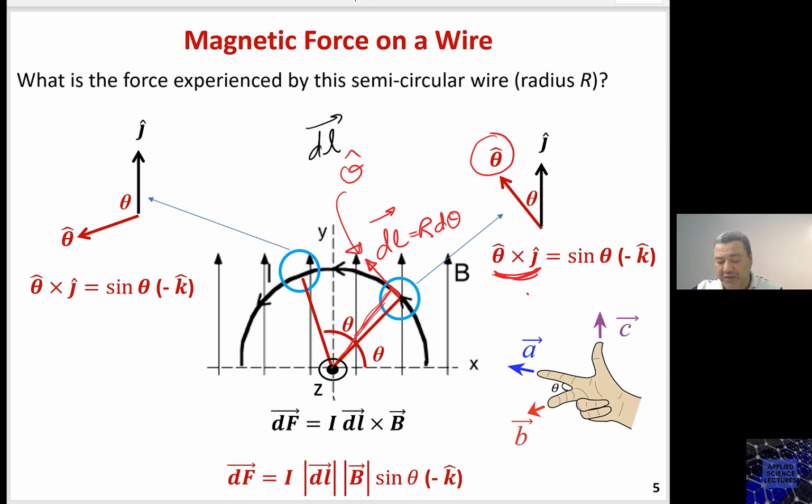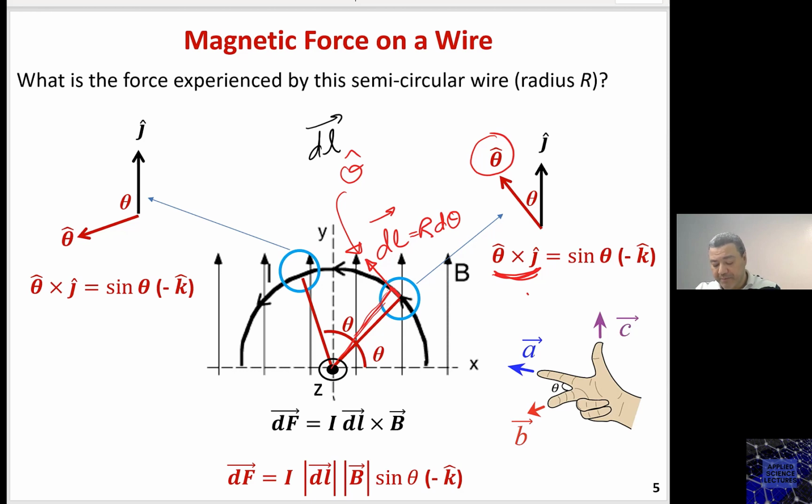So both theta hat and j hat are in the xy plane, so the direction would be either positive z or negative z. Let's look at the right hand rule to know the direction.